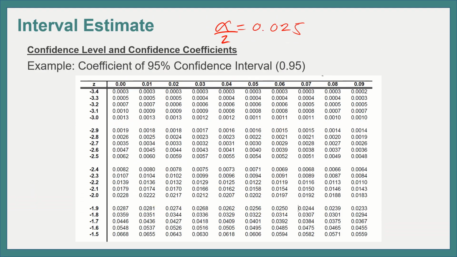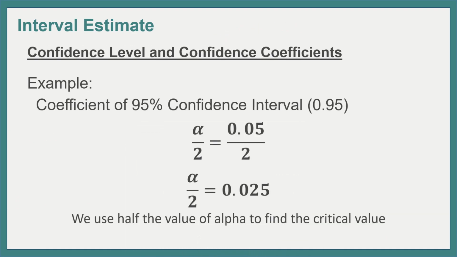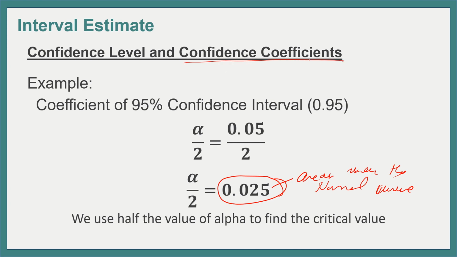Okay, so half of the alpha value is equal to 0.025. So this 0.025 is the area under the normal curve. So we need to find the corresponding z value for this area in order to find the confidence coefficient.